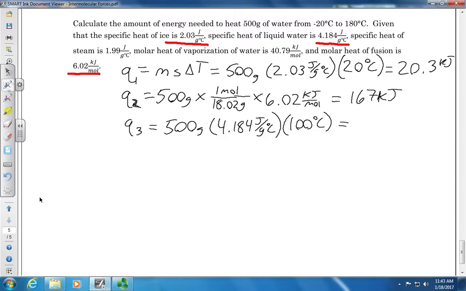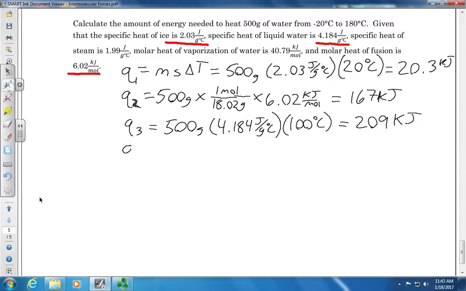And that gives us a total of, looks like 209 kilojoules. Or if you were to do this in joules, it's approximately 209,000 joules. But again, we want all of our units to be the same, so we're going to keep it in kilojoules. All I did to get it to kilojoules was divide the joules by 1,000.